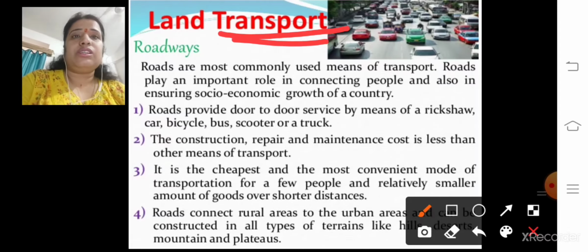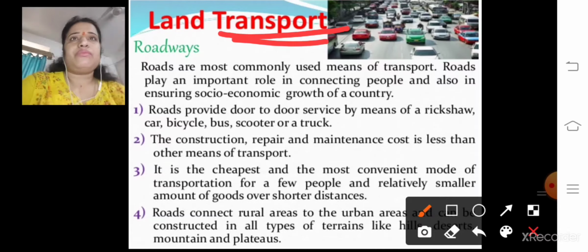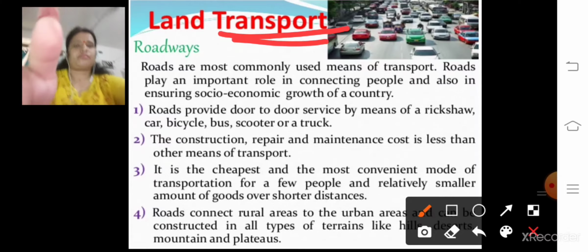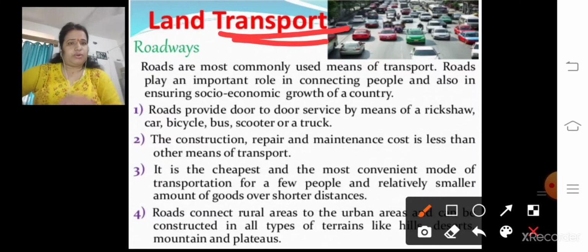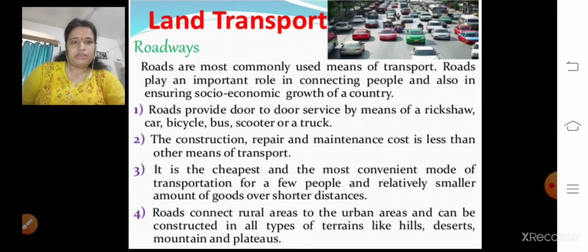So based on these, transport can be classified into land, water and air transport. Okay. So roadways. Roads are a very important, commonly used means of transport. They play an important role in connecting people and also ensuring socio-economic growth of a country.